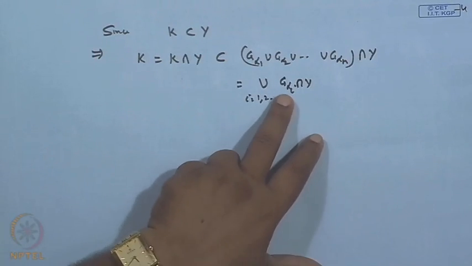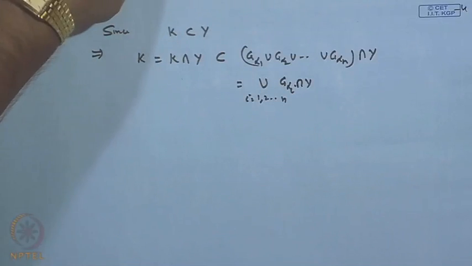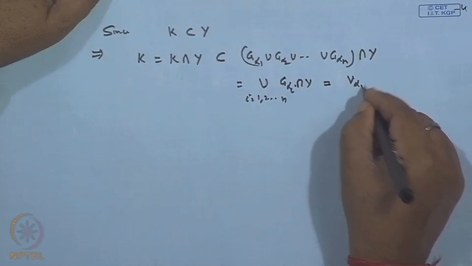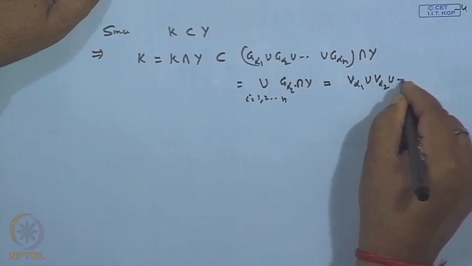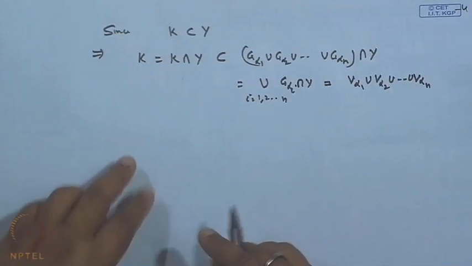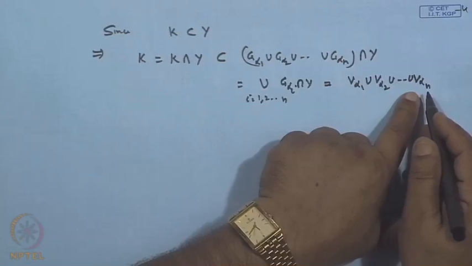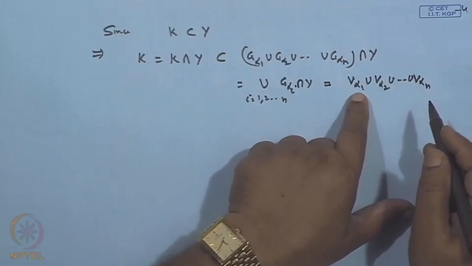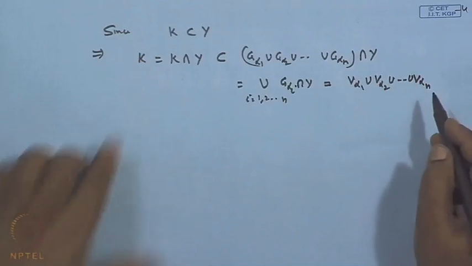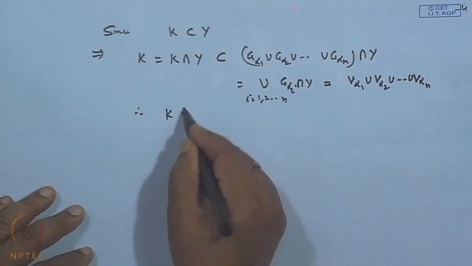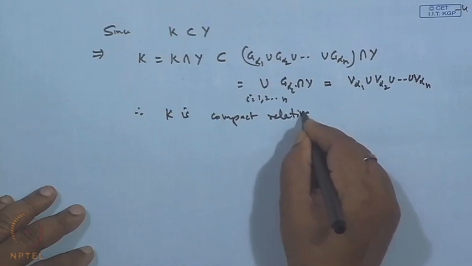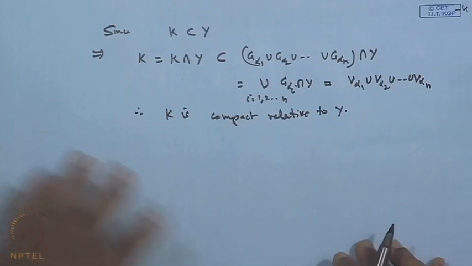Okay. But G alpha i intersection Y is nothing but V alpha i, is it not? So, this is the same as the union V alpha 1 union V alpha 2 union V alpha n. So, K is contained in this union, that is, a finite number of open subsets relative to Y covers K. This shows K is compact relative to Y.